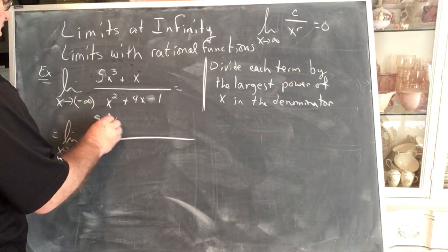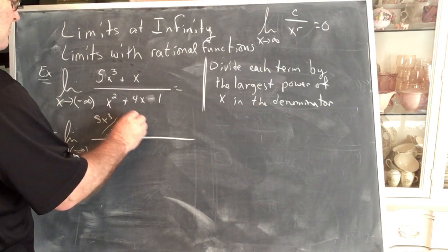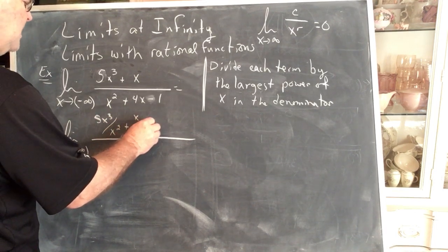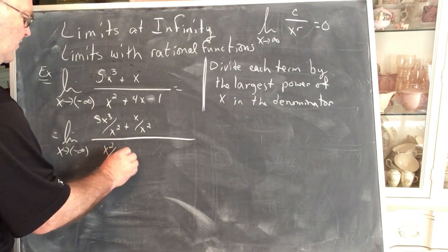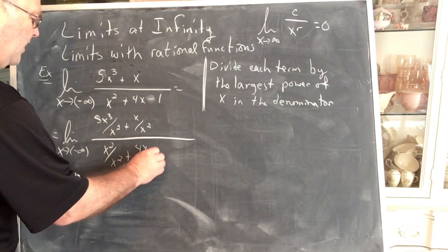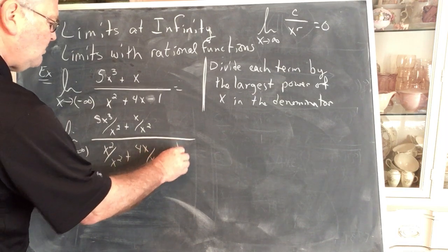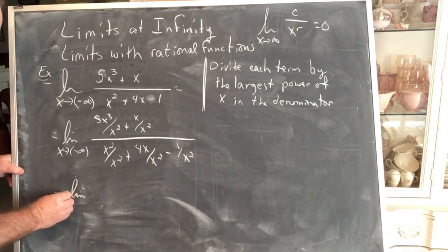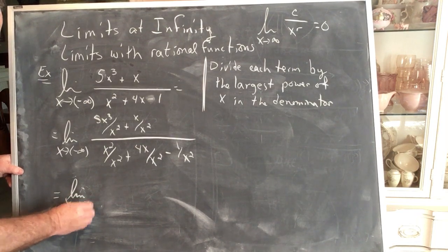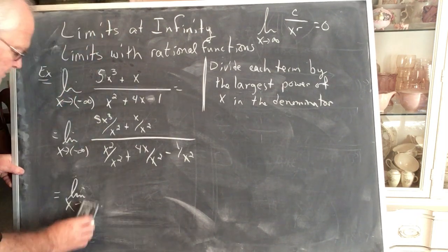5x to the third over x to the second plus x over x to the second, x to the second over x to the second, 4x over x to the second, minus 1 over x to the second. And now simplify like crazy. This is the limit as x goes to negative infinity.